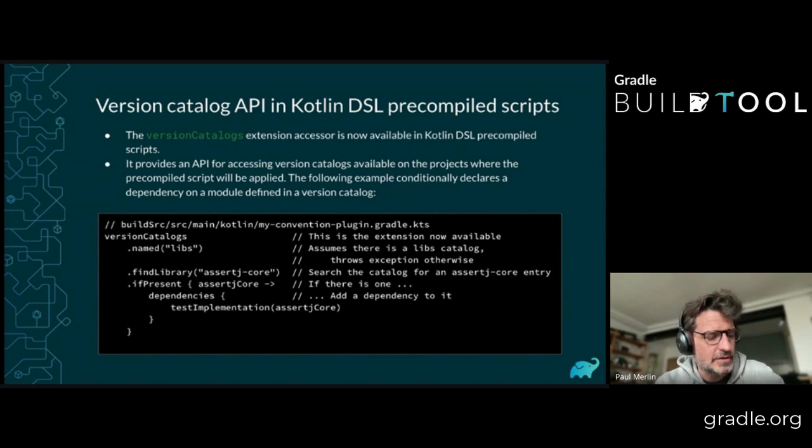The version catalog accessor provides the type-unsafe API, meaning that you address version catalogs and entries using strings. And it allows you to conditionally declare a dependency defined in a version catalog if it's present. It was something missing and quite requested by the community.